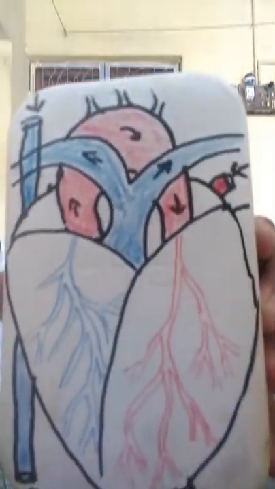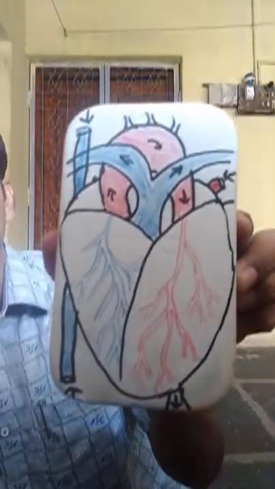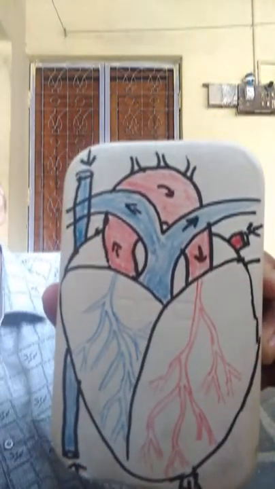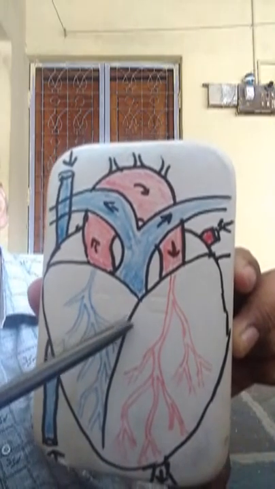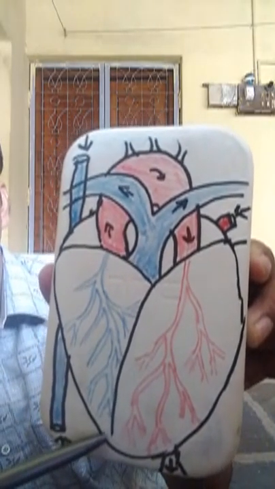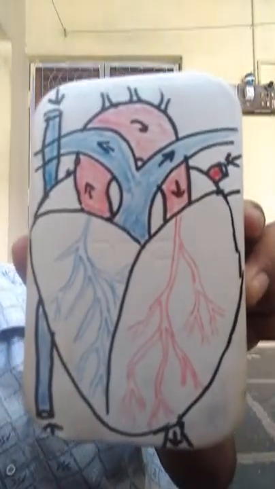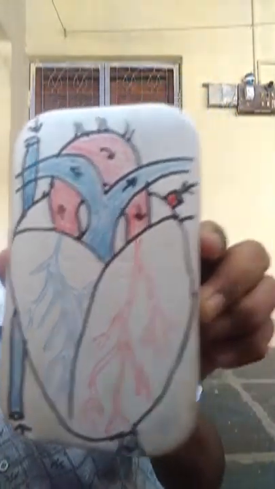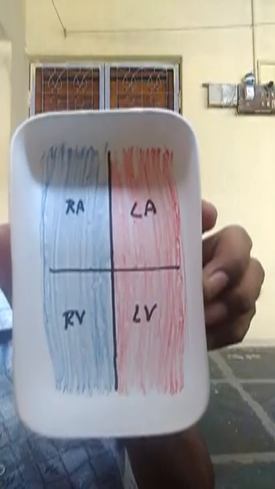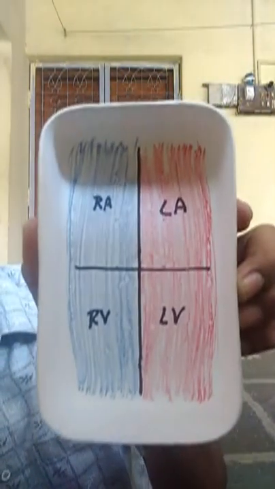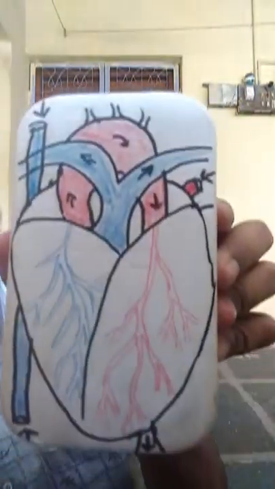Externally, the structure of the heart appears like this, just a model to make you understand. The heart shows two deep grooves, one vertical groove and one horizontal groove, which explain that internally the heart has four chambers.